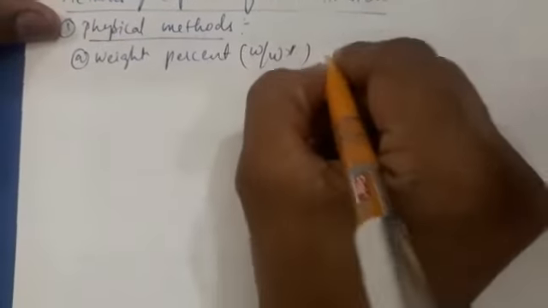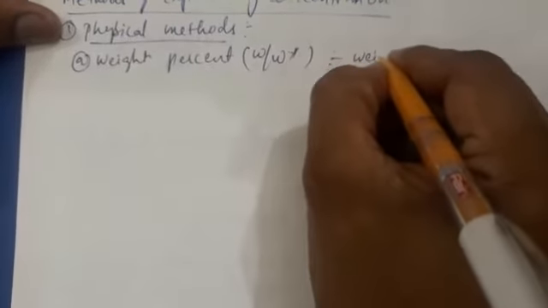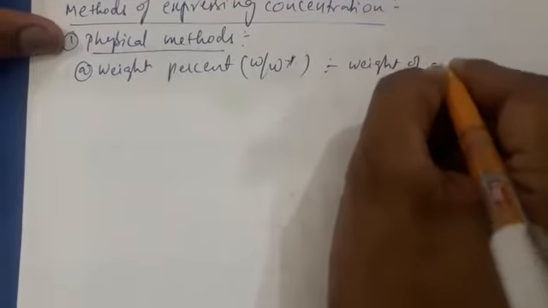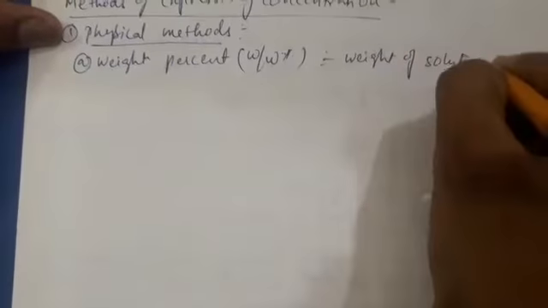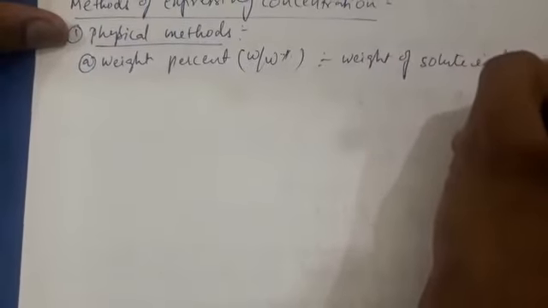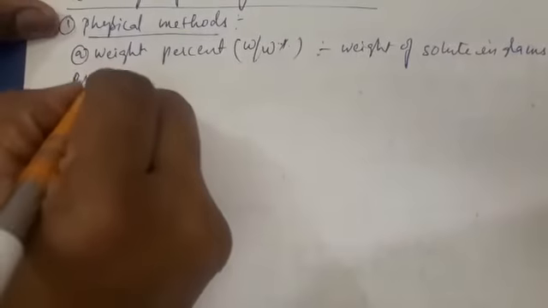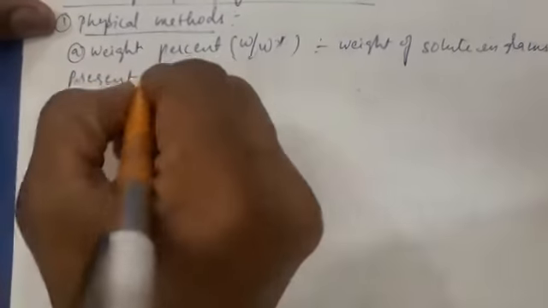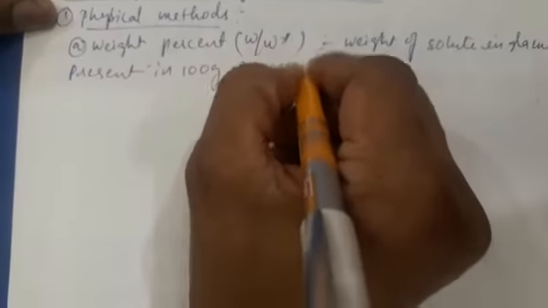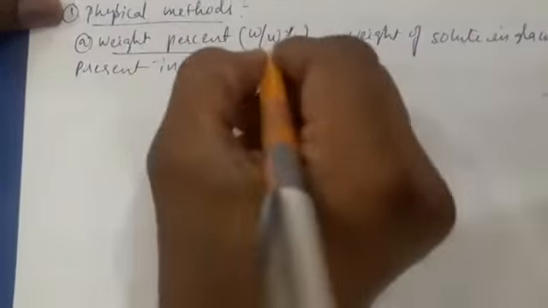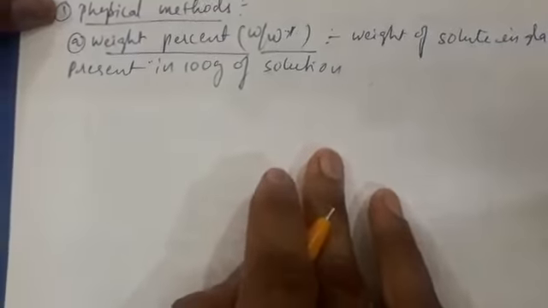So weight percent is the weight of solute in grams present in 100 grams of solution. That is called weight percent or mass percent.